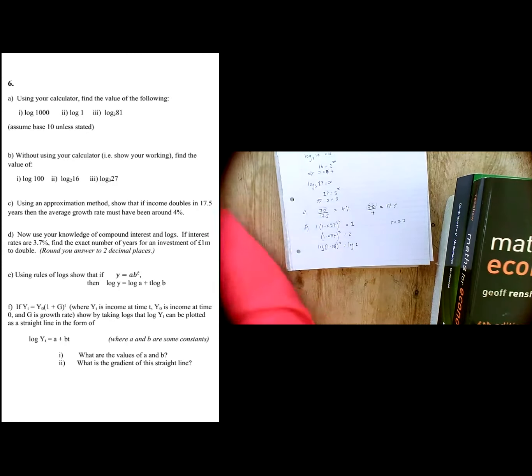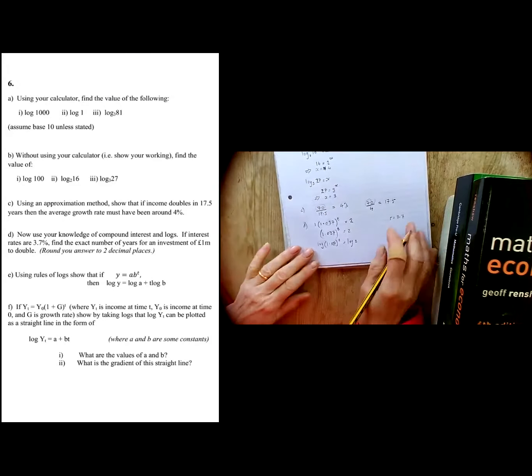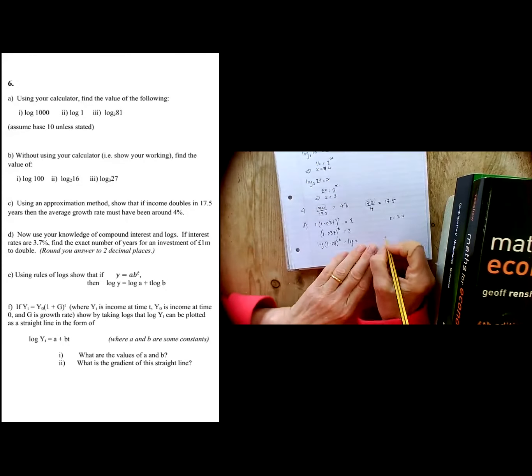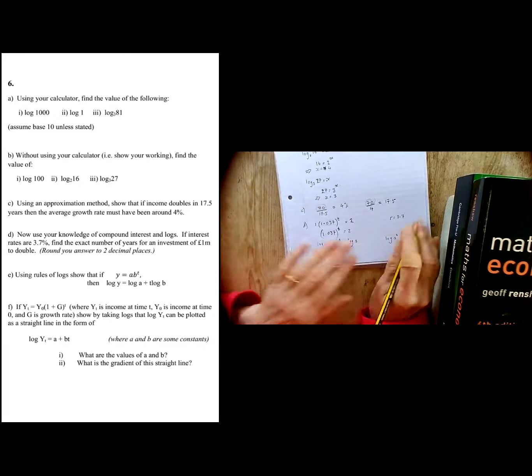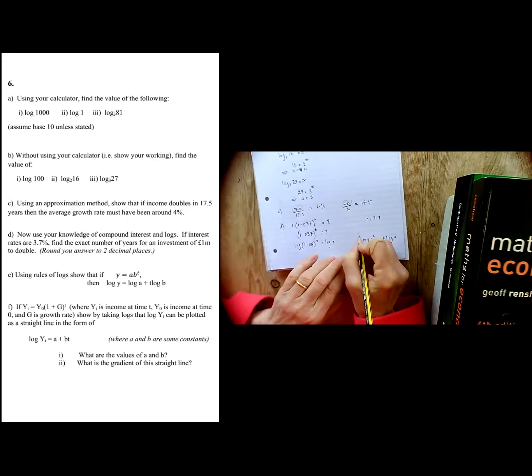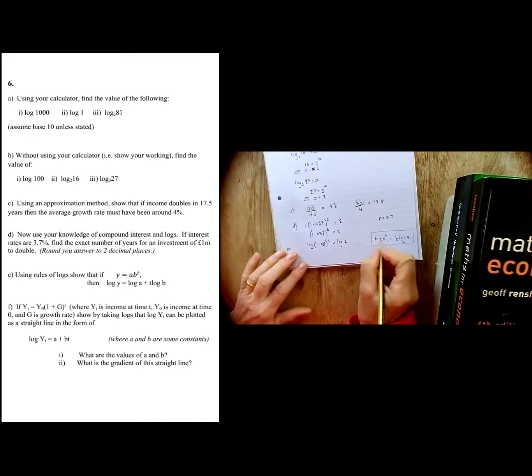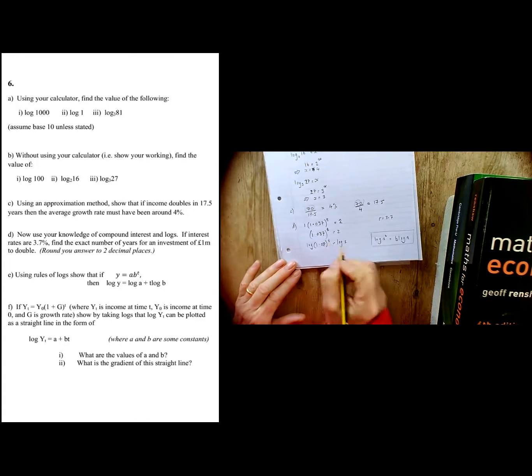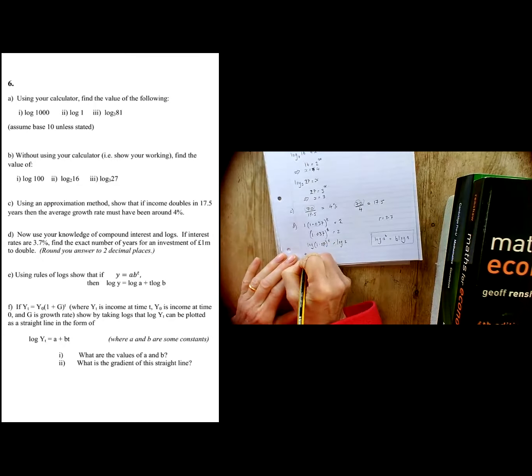And you will remember there is a rule of logs which says that log a to the power of b is equal to b log a. A very important rule of logs. That's how we get to solve these exponential equations. So I can bring this b equivalent, which in this case is t, out of the log. That's the whole reason we use logs for this.